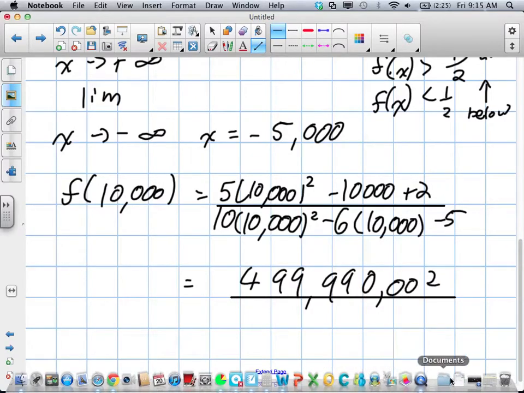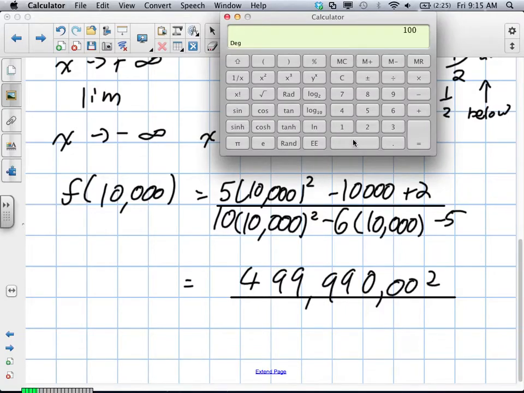The bottom, same idea. 10,000 squared times 10. Subtract 60,000, minus 5.